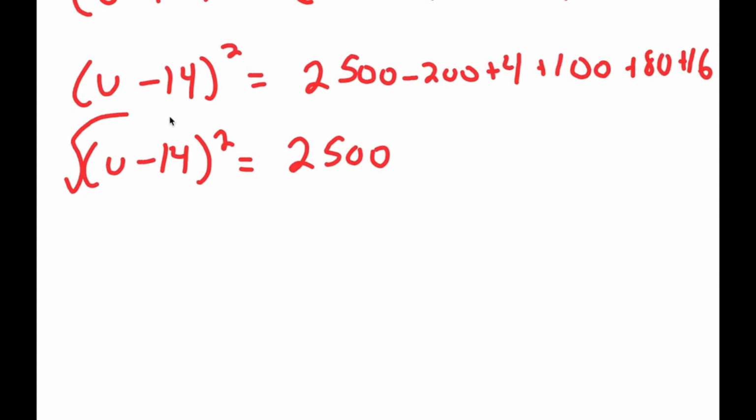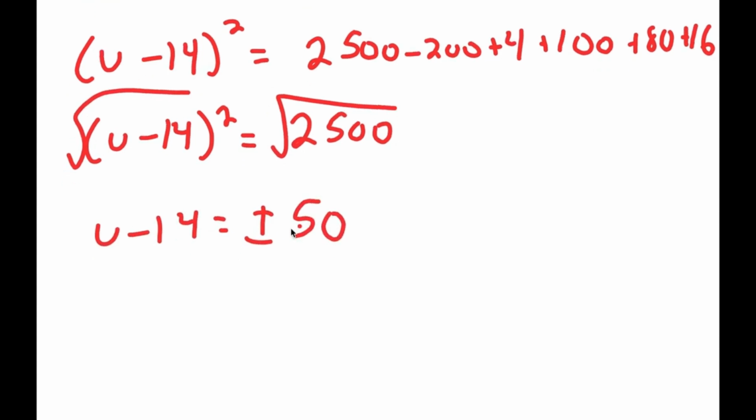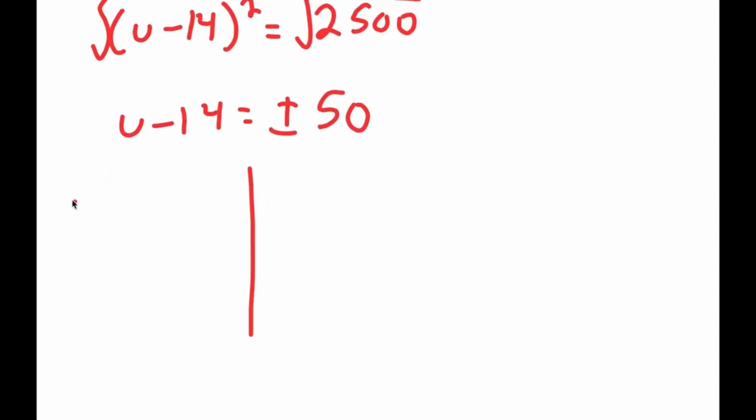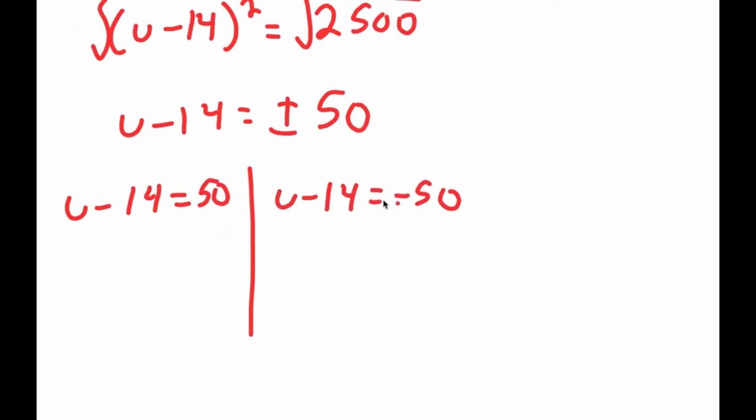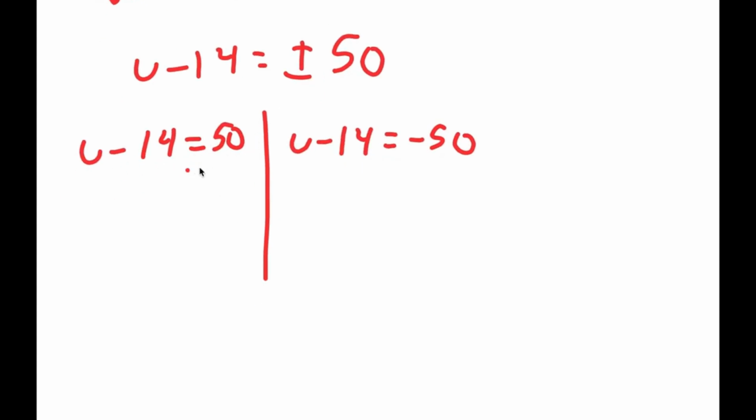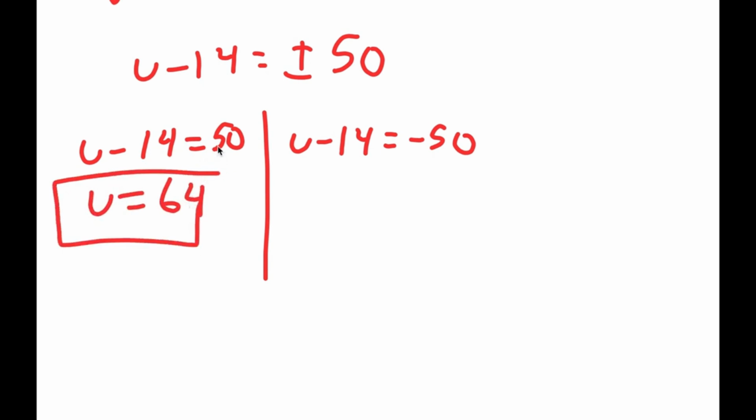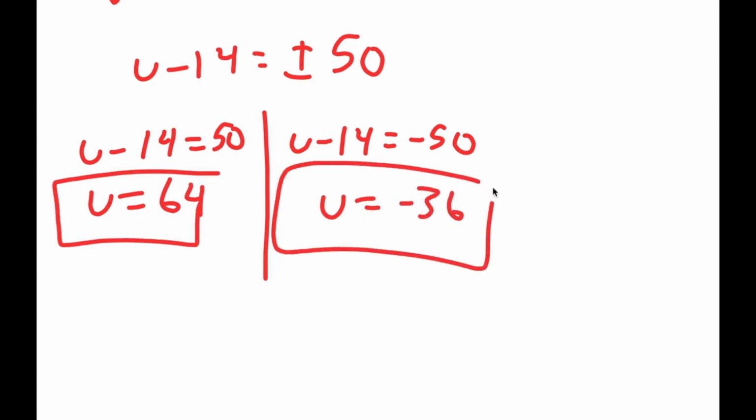If we take the square root on both sides, we get u minus 14 is equal to positive or negative 50. So we get two equations: u minus 14 is equal to positive 50 and u minus 14 is equal to negative 50. For u minus 14 equals positive 50, I get u is equal to 64. And for u minus 14 equals negative 50, I get u is equal to negative 36.